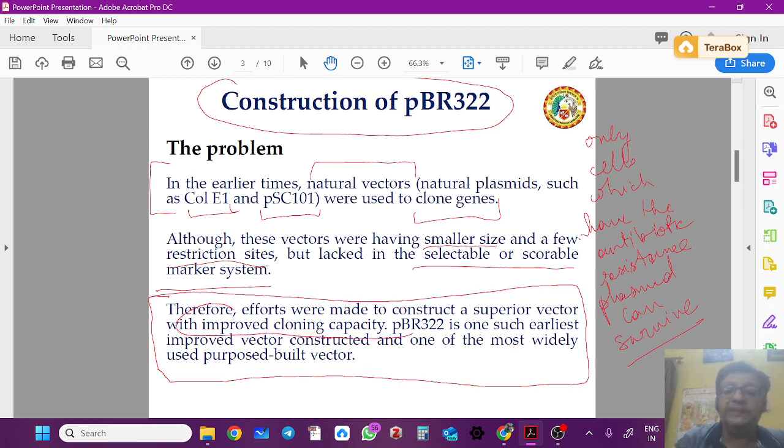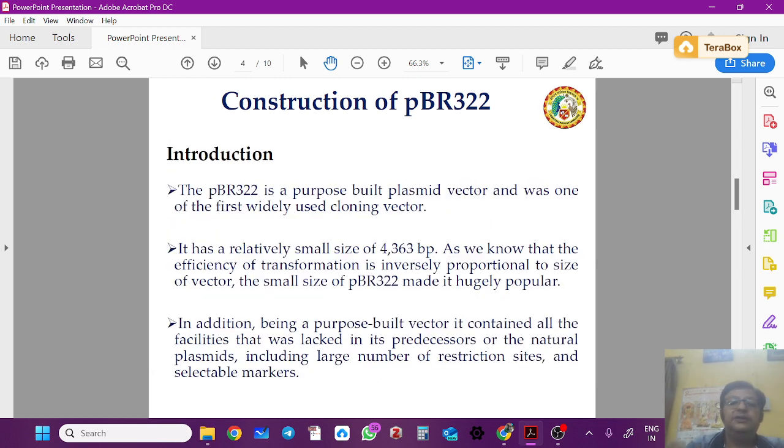So there were efforts made to construct a superior vector with improved cloning capacity. pBR322 is one of the earliest constructed vectors. It is a purpose-built vector, and it was the first widely used cloning vector.